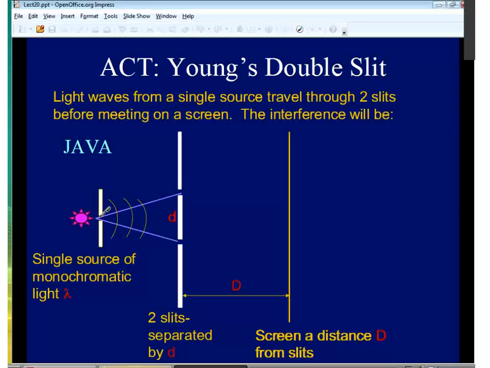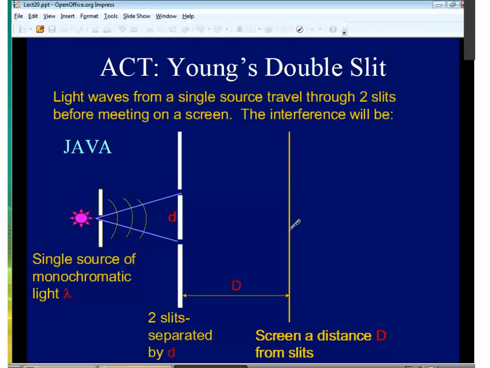Because distances are same, if there is no path difference, how can there be angle difference? If this length is same as this length, there cannot be any angle difference. So they are in phase here and here. The story is after that.